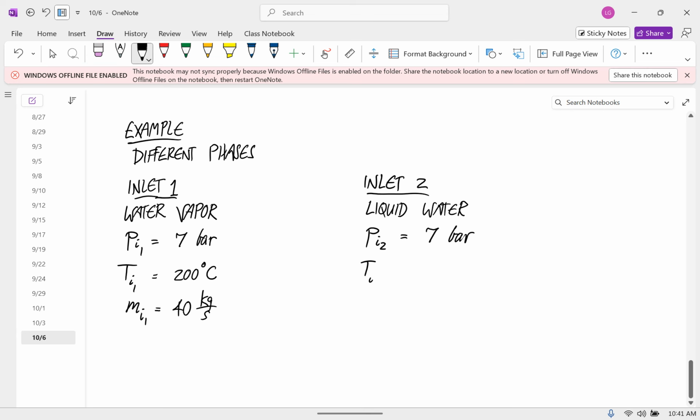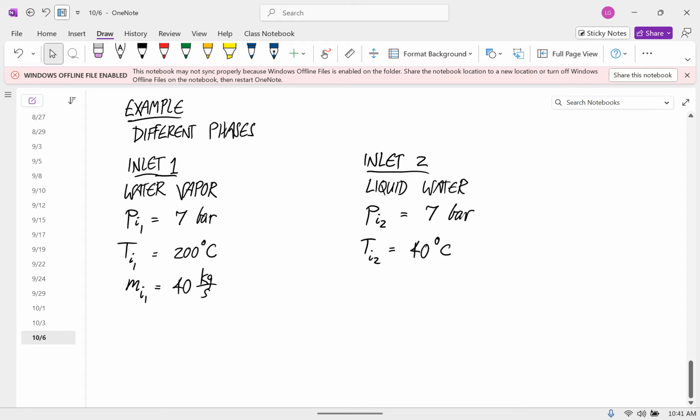The temperature at inlet 2 is 40 degrees Celsius. And the area of the aperture for inlet 2 is 25 times 10 to the minus 4 meters squared.